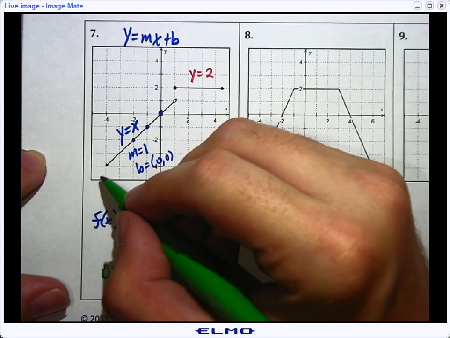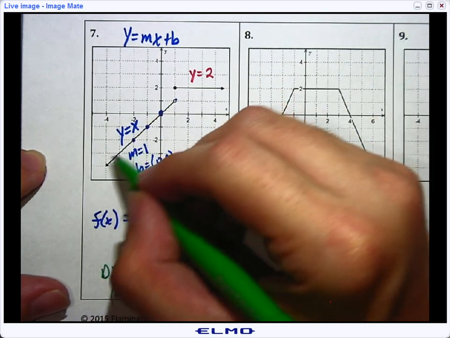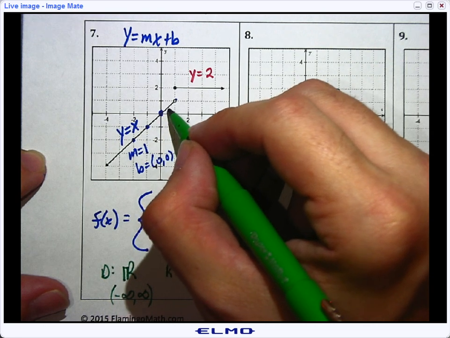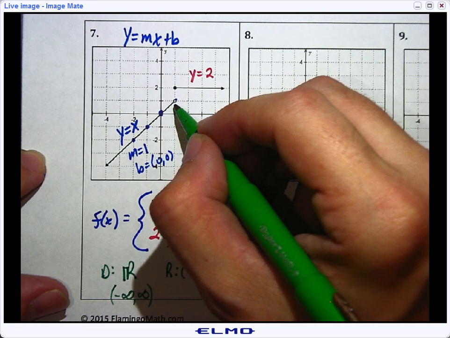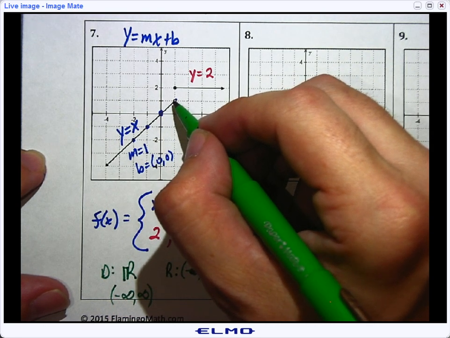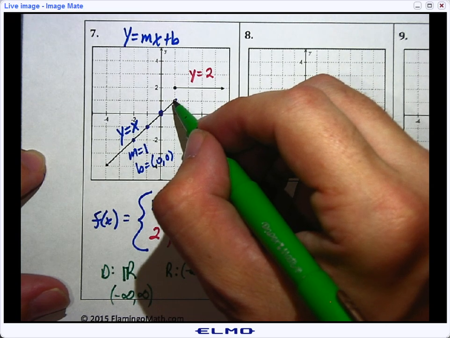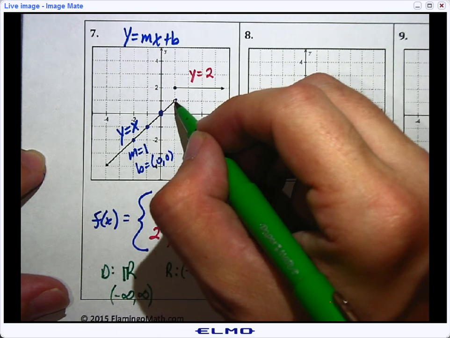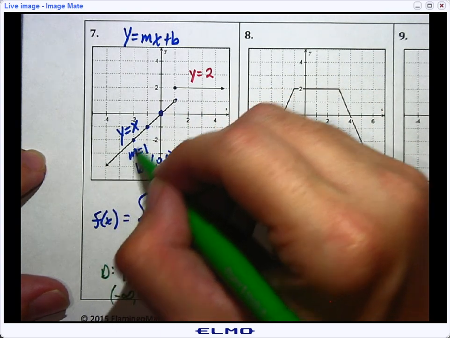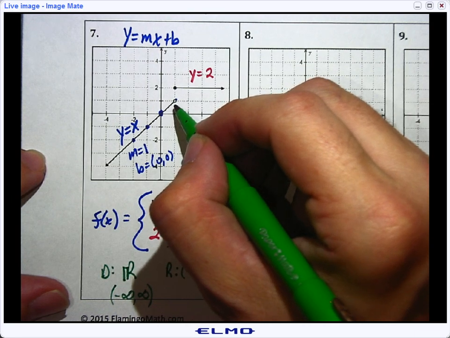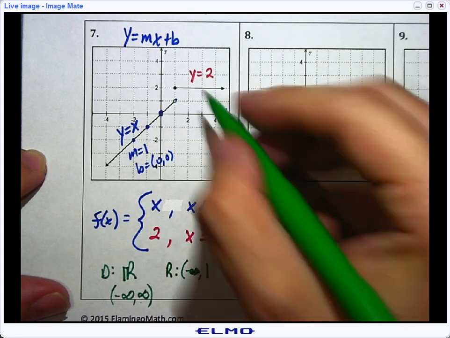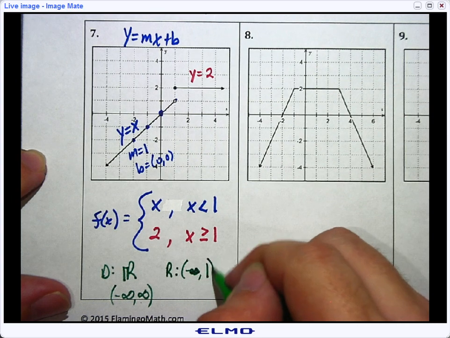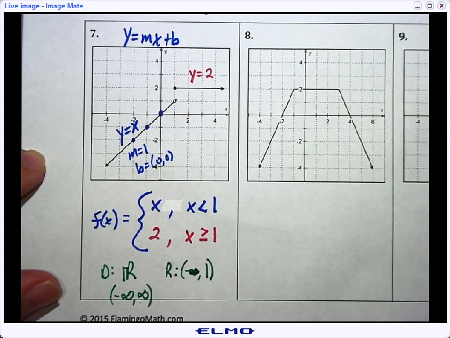And if I think of it going the other way, I'm fine with my y values until I reach this point. Notice this is an open circle, and the y value at this point is positive 1. But positive 1 is not included because it's an open circle. So negative infinity up until I get to positive 1. And since it's an open circle, I would have parentheses instead of brackets.